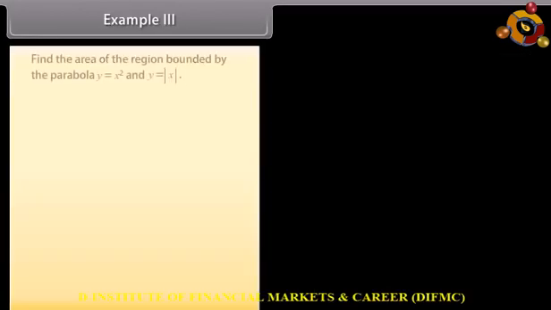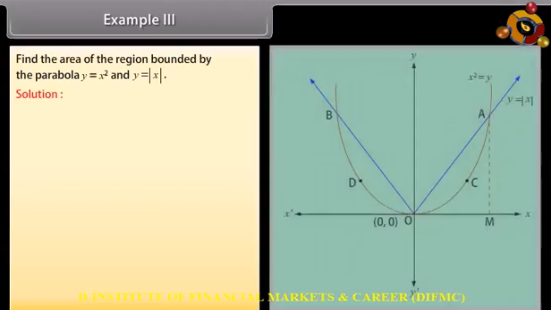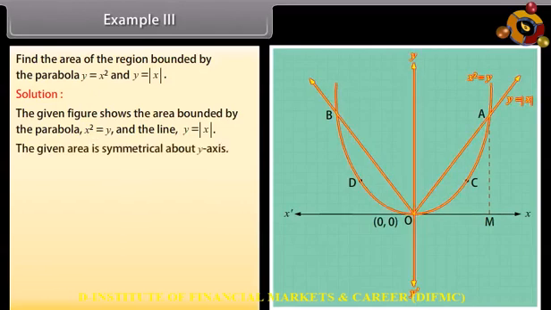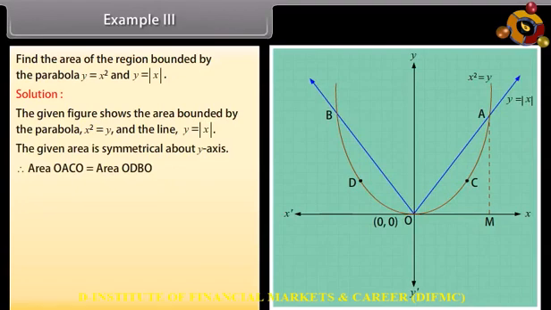Example 3. Find the area of the region bounded by the parabola y equals x squared and y equals modulus of x. Solution. The given figure shows the area bounded by the parabola x squared equals y and the line y equals modulus of x. The given area is symmetrical about the y-axis. Therefore, area OACO is equal to area ODBO.